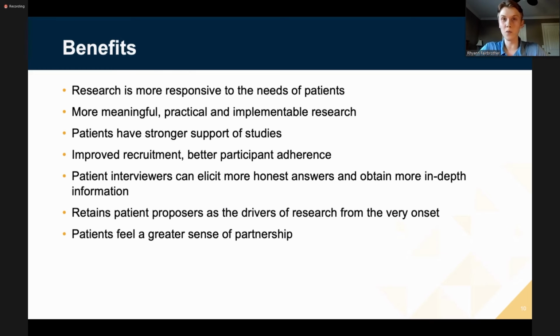In addition, if it's a qualitative study and interviews are being conducted, patient interviewers have helped elicit more honest, open answers, and obtain greater in-depth information. This work also retains patients as proposers and drivers of the research right from the onset, which has helped patients feel a greater sense of partnership as they progress through the research project, and has led to more meaningful research and a greater sense of partnership between the two parties.